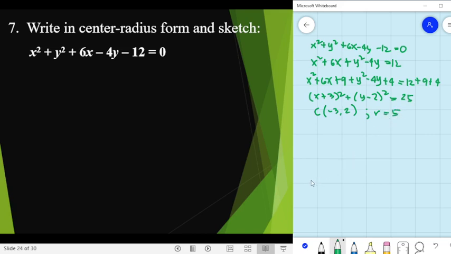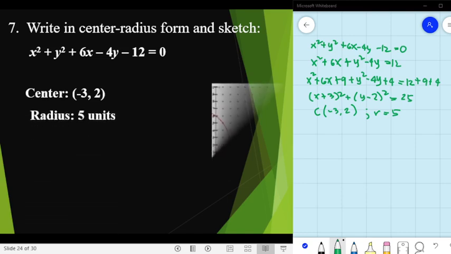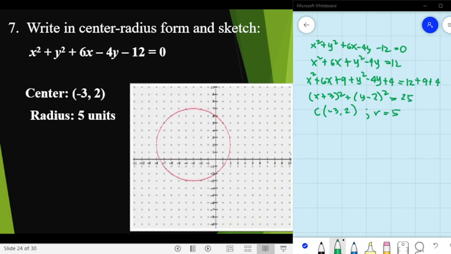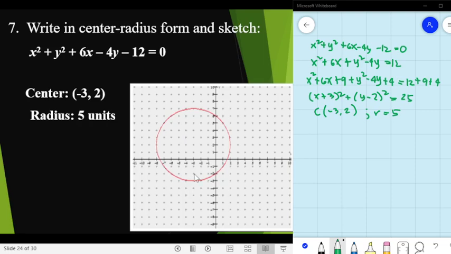Okay, so when we draw or sketch the graph, our center is negative 3, 2, and your r is 5 units. So we have here negative 3, 2 is here, and then count 5 units to either the right, left, upward, or downward from the center.